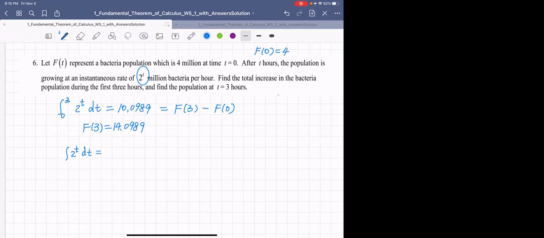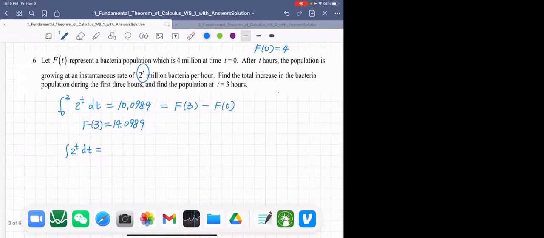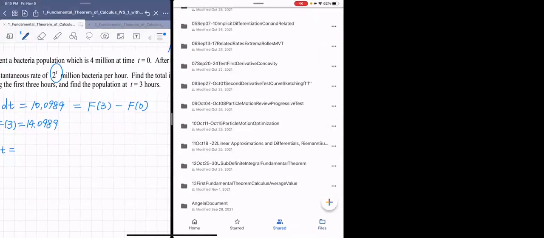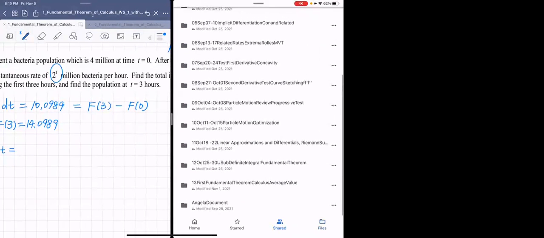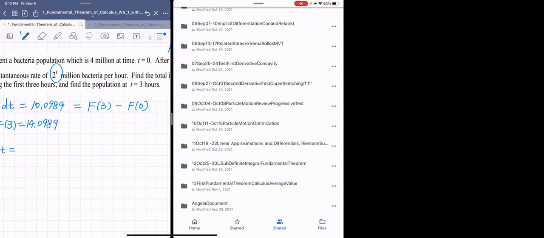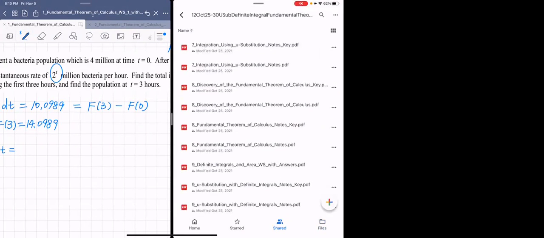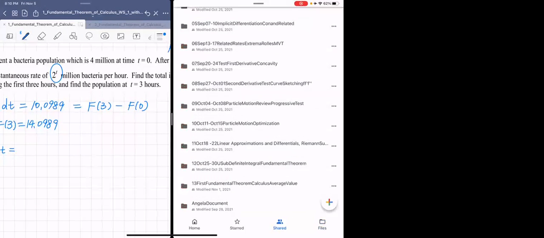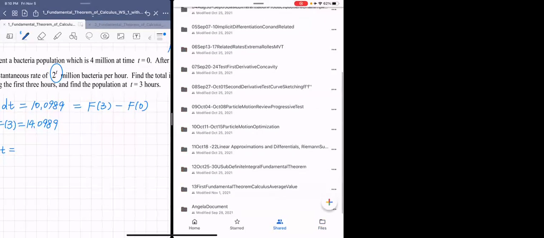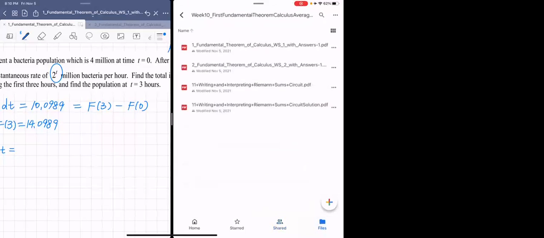We learned this about 2 weeks ago. I can even show you. We learned that when we did the antiderivative. I wonder if anybody remembers? Nobody remembers?